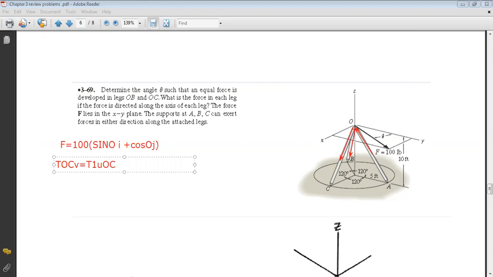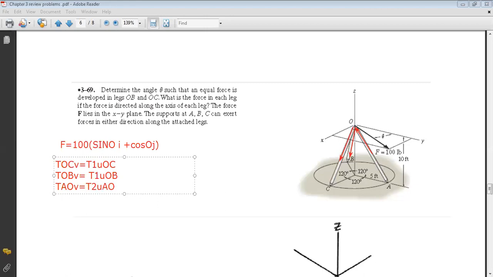And for the TOB vector, it is equal to T1, because they have the same magnitude, times the unit vector of OB. And finally, for the force in OA, since we assume that it's directed from A to O, so the TAO vector is equal to T2 times the unit vector of AO.